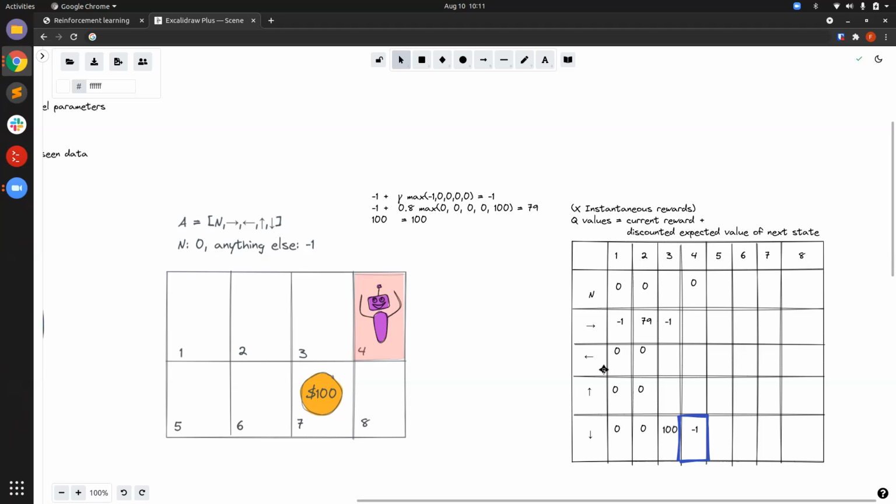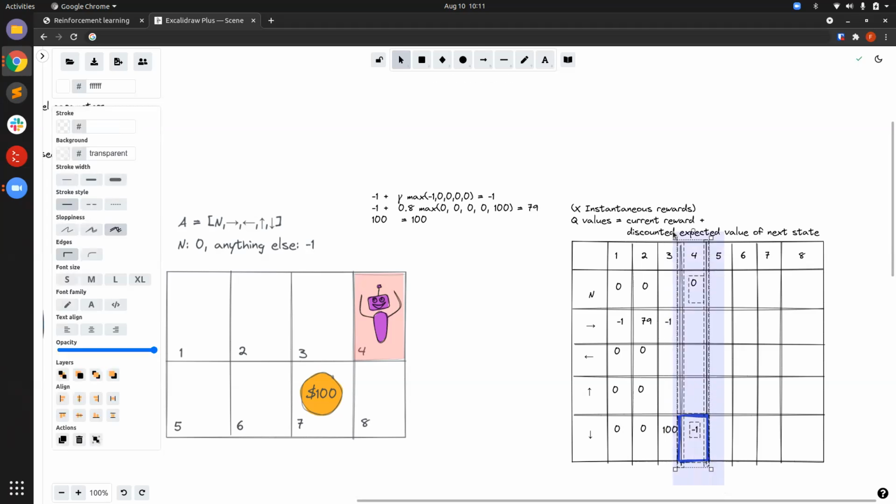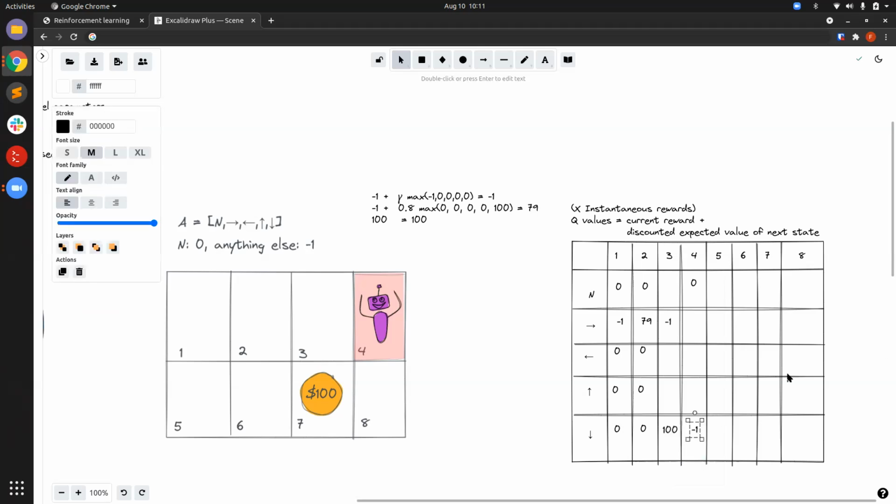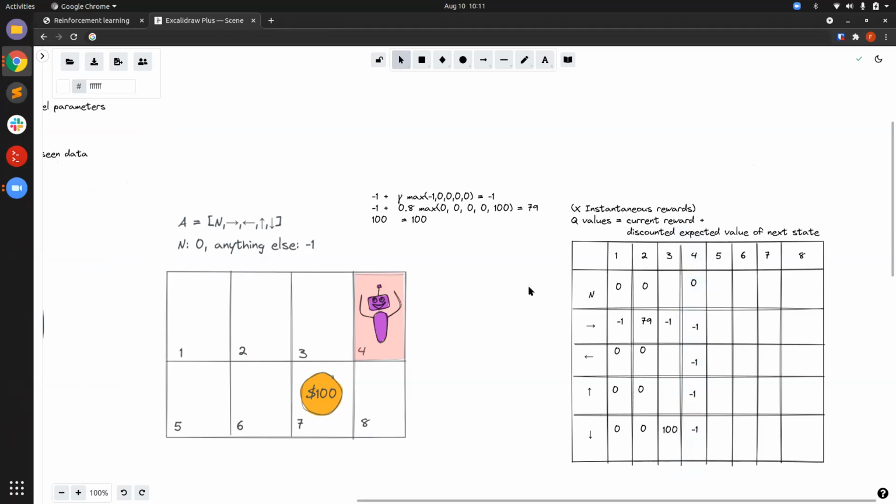The best possible discounted future reward is 0.8 times the max of all these values. That's going to be 0.8 times 0. So it will stay as -1. And no matter what I do in state 4, if I go up, I'll end up with a Q value of -1. So this will just fill in this entire column like this.